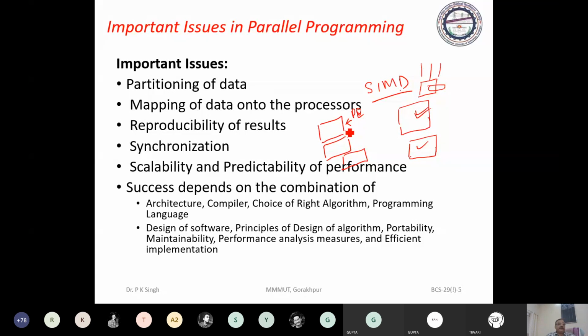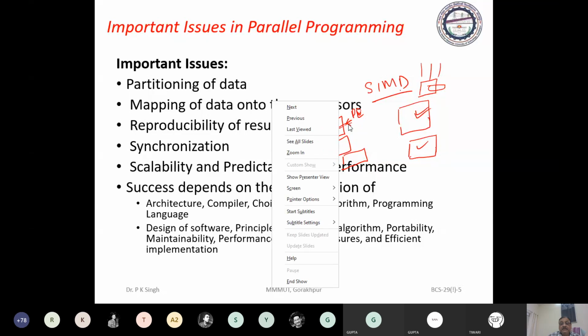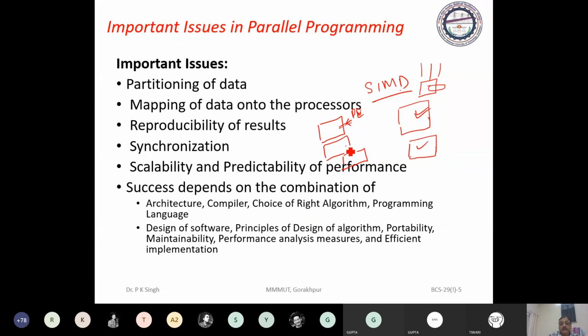But if by any means we are able to divide the data across different modules, then data for one processing element may be referred to through the port of module 1, and data for another processing element through another module. That will improve the efficiency.